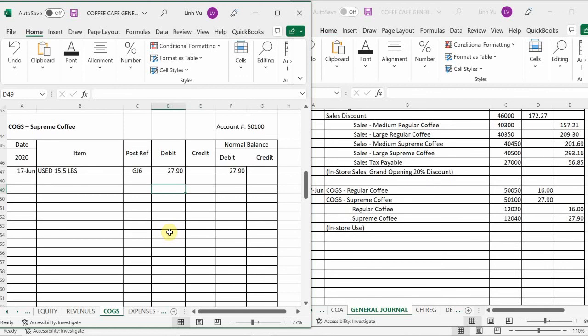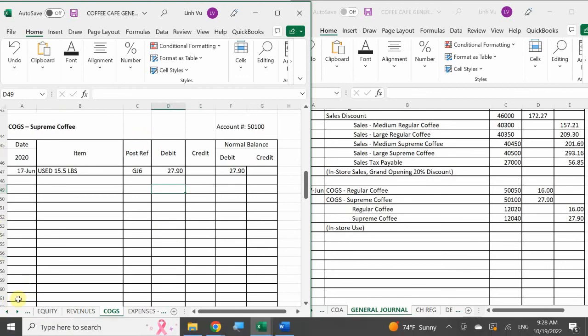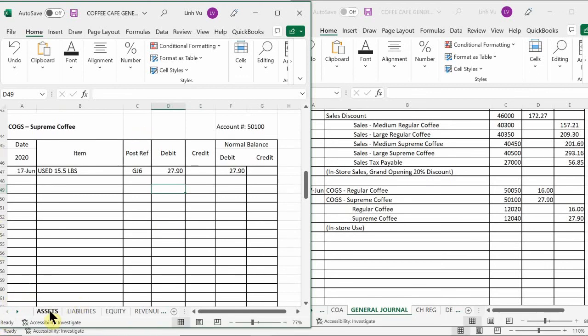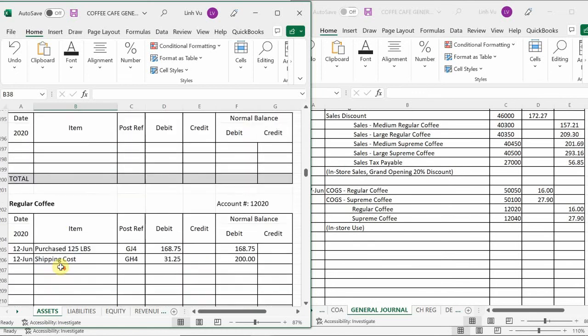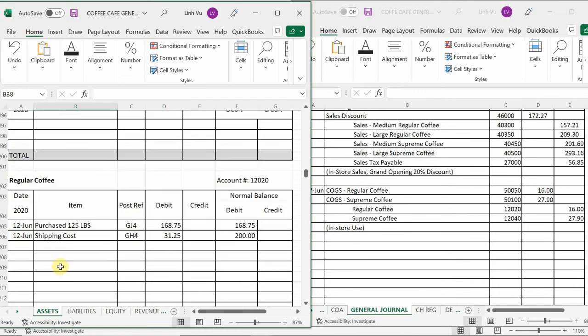Then we're going to go into regular coffee, our inventory. Here we are, regular coffee. You're going to credit that for $16, because we used 10 pounds.